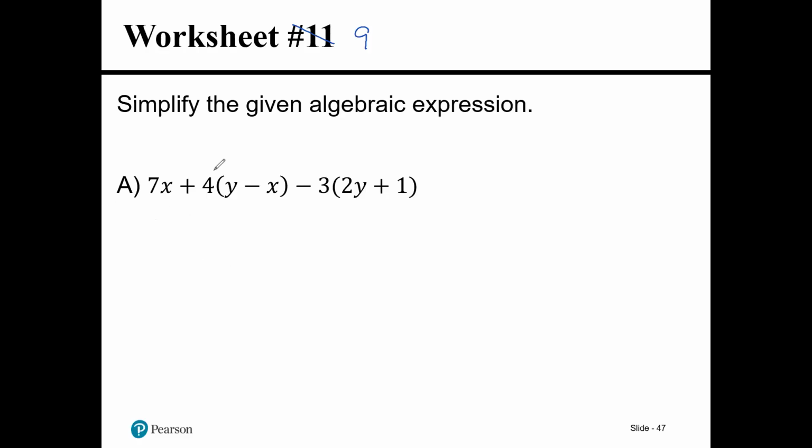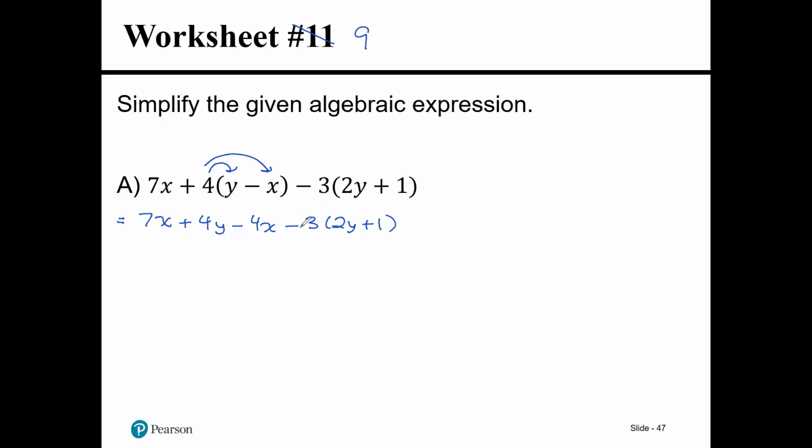Okay, so we do distributive property first. I'm going to do this step by step. This is going to be 7x plus 4y minus 4x. So that got rid of one set of parentheses. Well, now we have this set here.